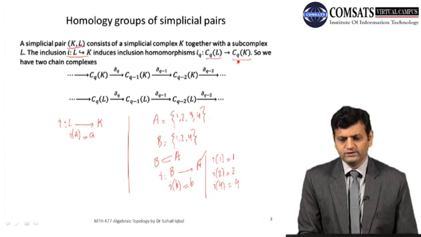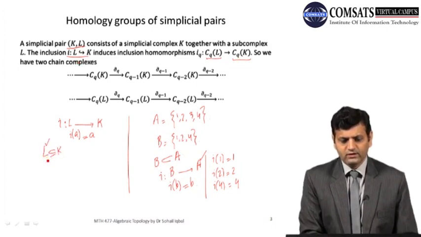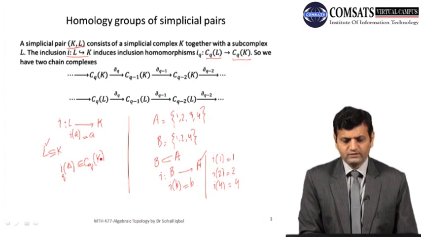This is the free abelian group generated by Q simplexes of K. Okay, now since L is contained in K, every Q simplex of L will also be a Q simplex of K. So let's say I have a Q simplex, let's call it delta, and I Q delta will be an element of CQK, because every Q simplex of L is also a Q simplex of K. So that's why we can define this homomorphism.